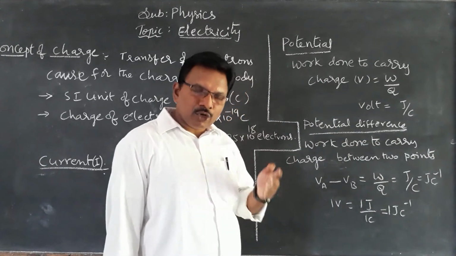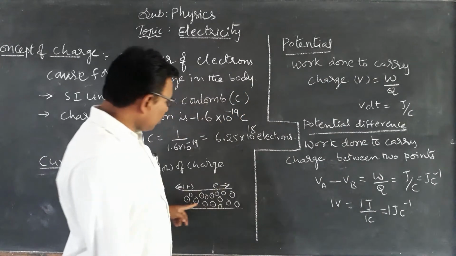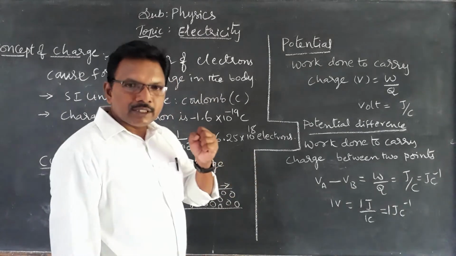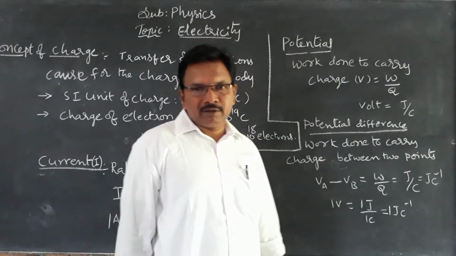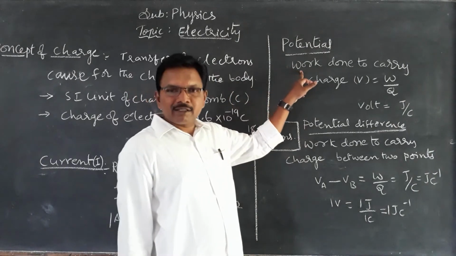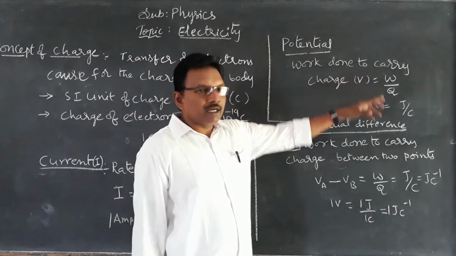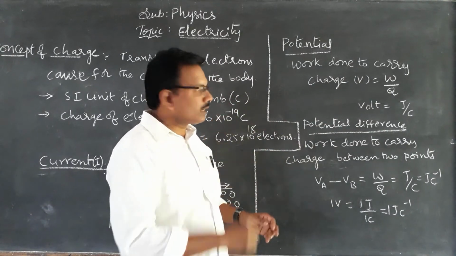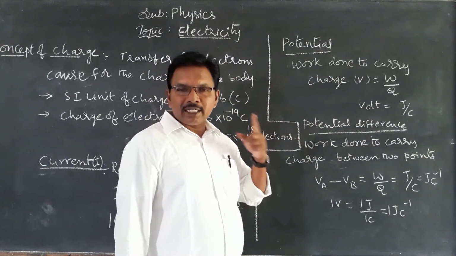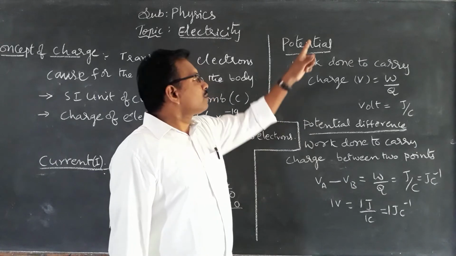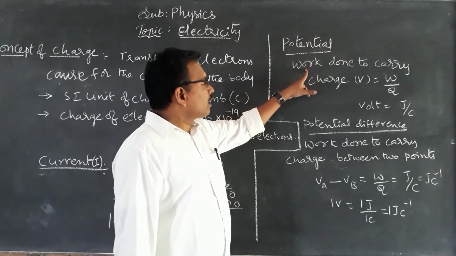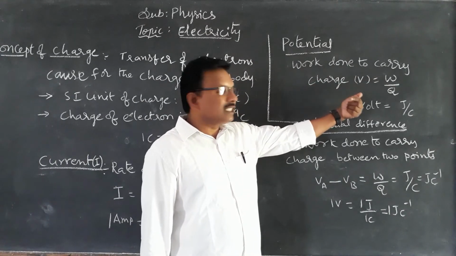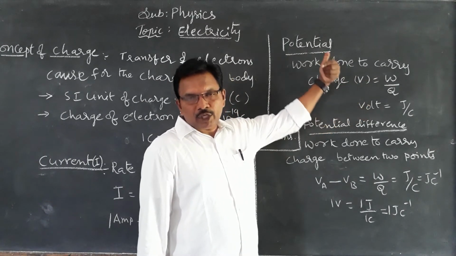To carry charge or electrons in the conductor from one place to another, some energy is required. That energy, called work, is given by the battery. So the work done to carry charge from one place to another is called potential.